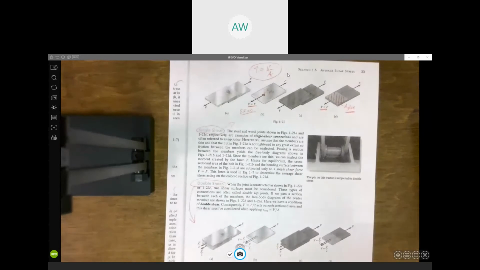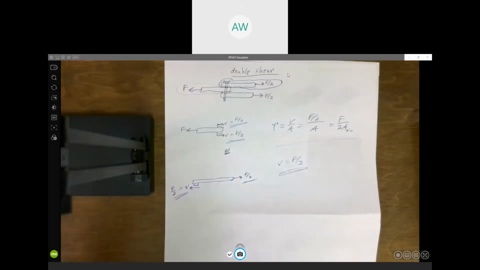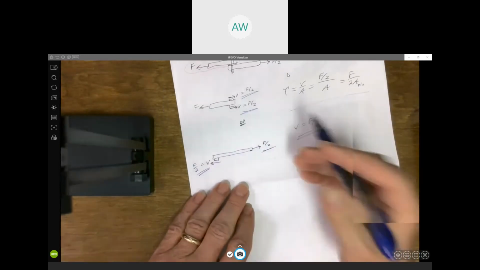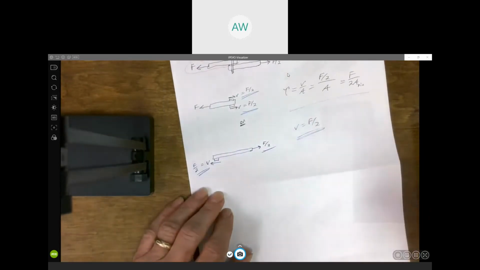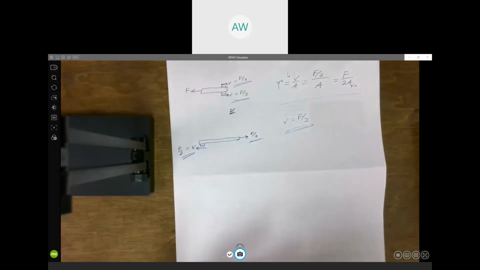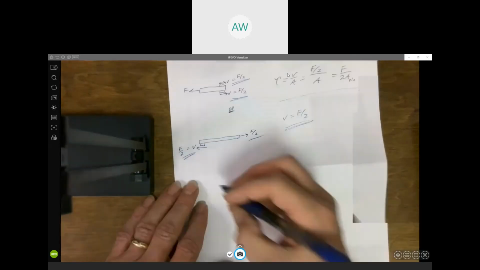Now, you don't really have enough time to go through and work an example. But I did want, while I'm thinking about it, one last thing, and then we'll wrap this up. When we did normal stress, I told you it was important to differentiate between tension and compression. That is not the case with shear stress.